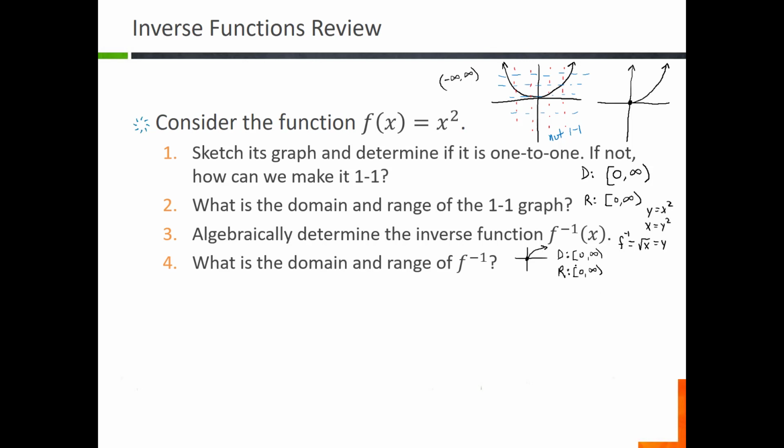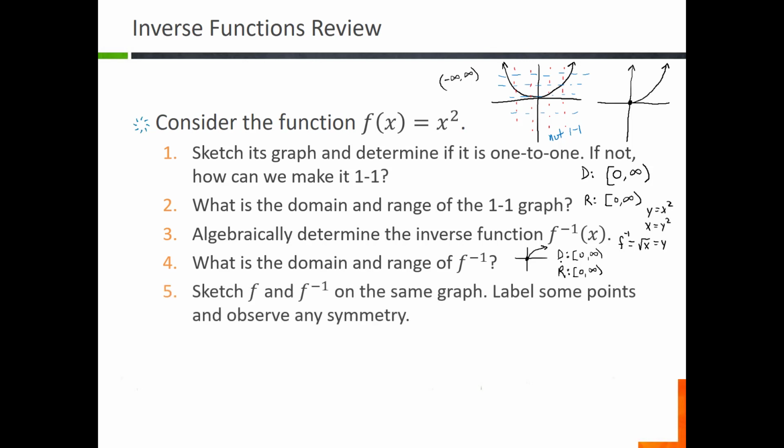It so happens that both the domain and range are the same as for the original function, y equals x squared. But remember, it flips the coordinates. So the domain for the function represents the range for the inverse, and the range for the function represents the domain of the inverse. They have that flipped relationship.